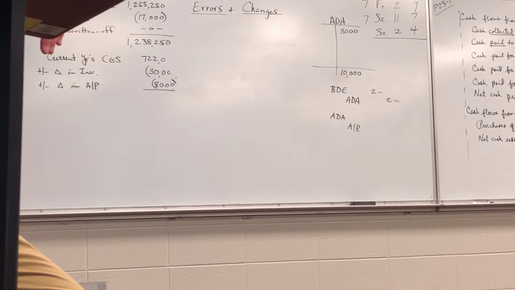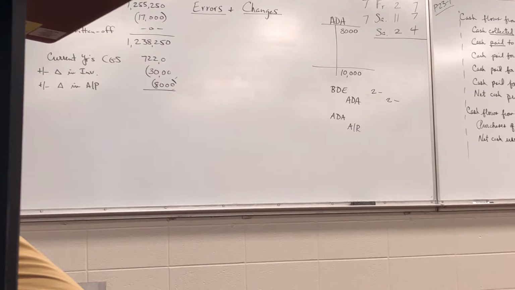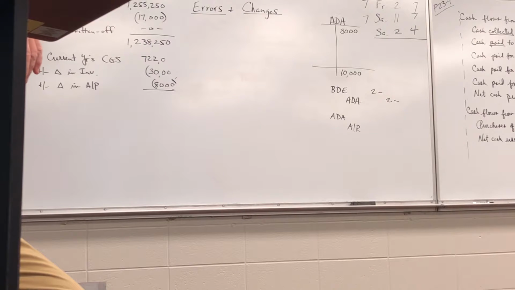If the error affected years prior to the earliest year you're presenting, make an adjustment to the beginning balance of retained earnings for the earliest year presented. Are you with me? Okay, that's easy.